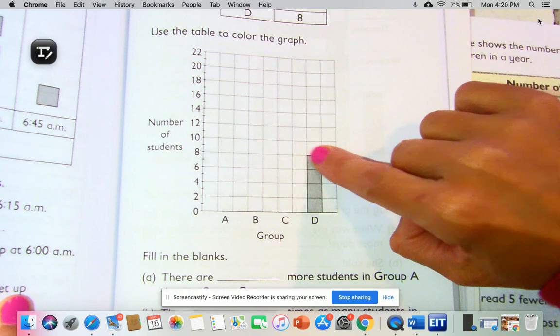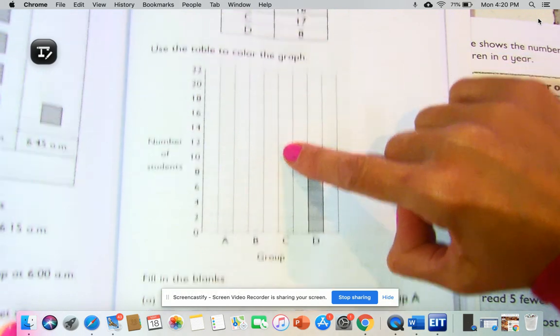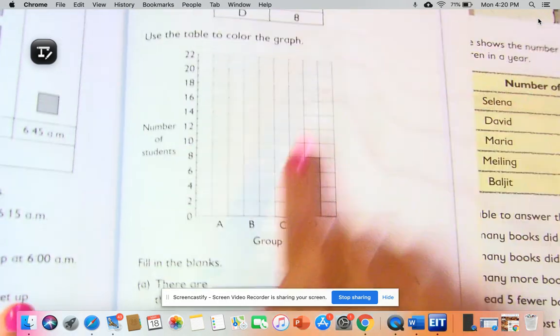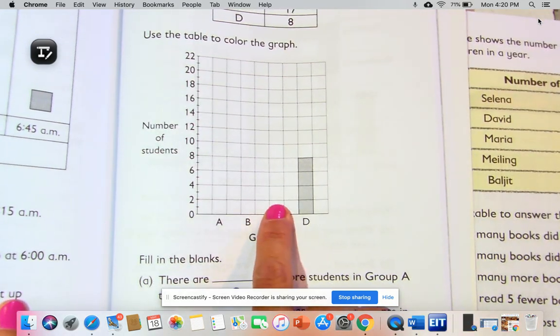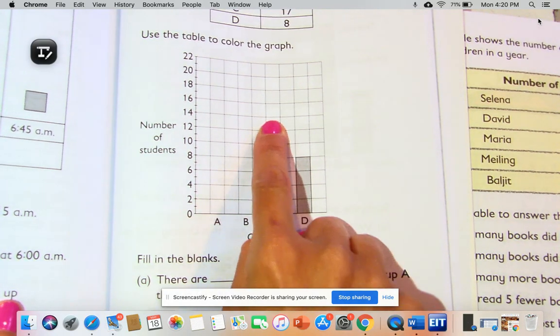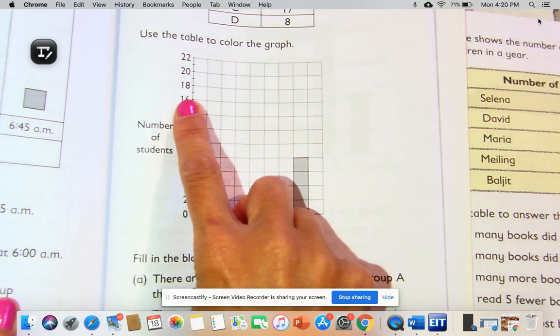So if we wanted to go to the next one to do part C, because they have a little space in between each one, part C would be 17 students. So here is part C. We're going to color in these squares right above the letter C all the way to 17. But as I look over here, there's not a 17.